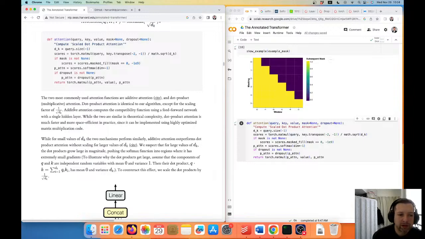Otherwise you would need another. I don't know, maybe I don't understand this, but maybe this involves another activation function in between rather than just matrix multiplication. Maybe that's the difference.